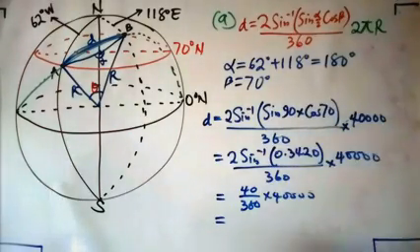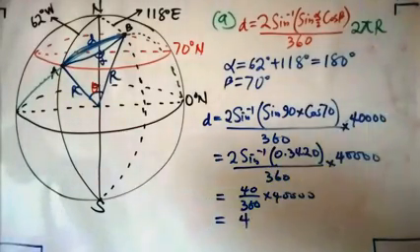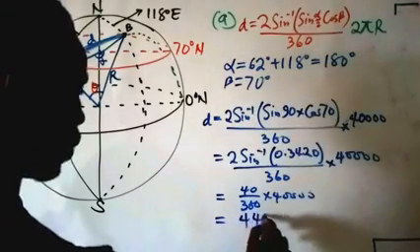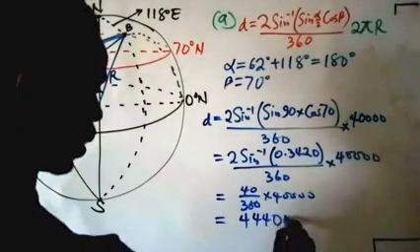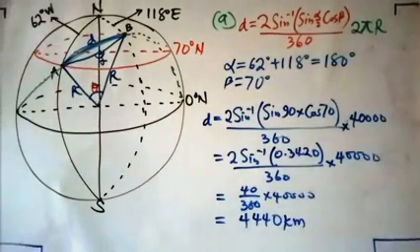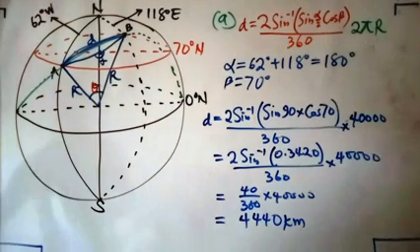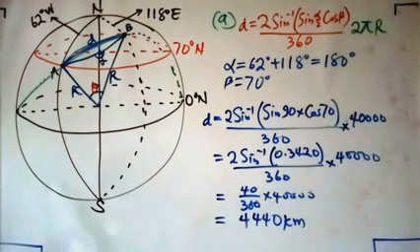And that will give us 4440 kilometers. And that is it. All you need is to know what your alpha is and to know what your beta is. And that's all. Substitute in the formula and you are good to go.